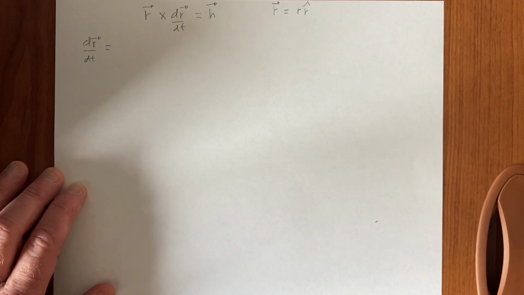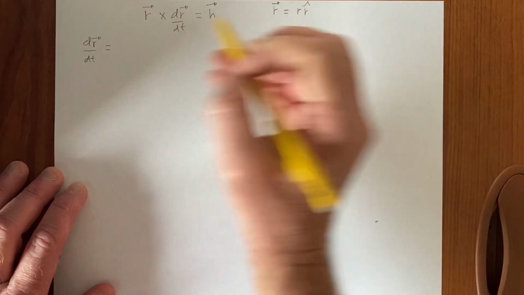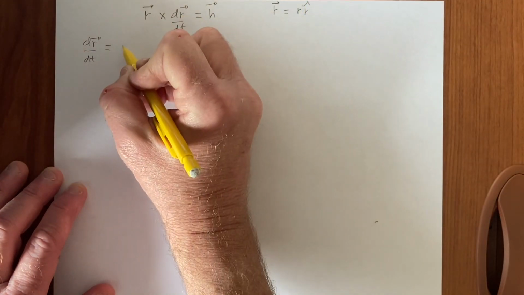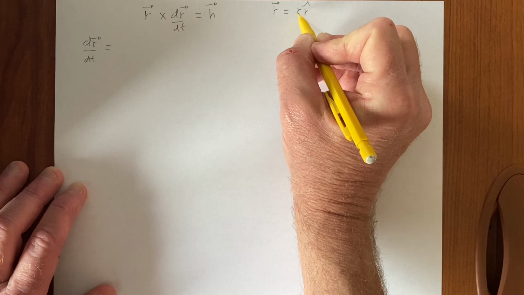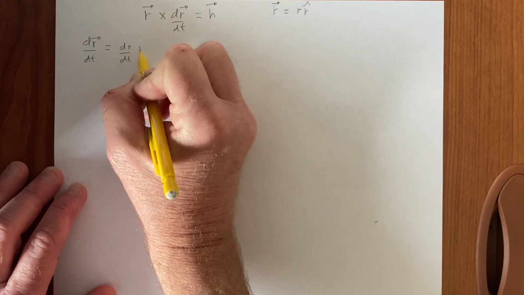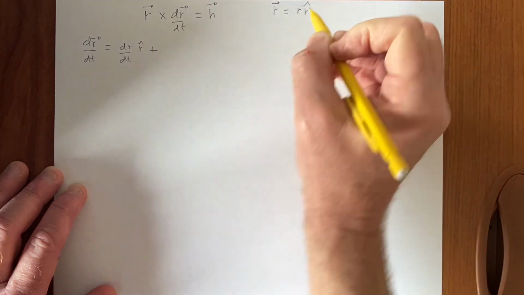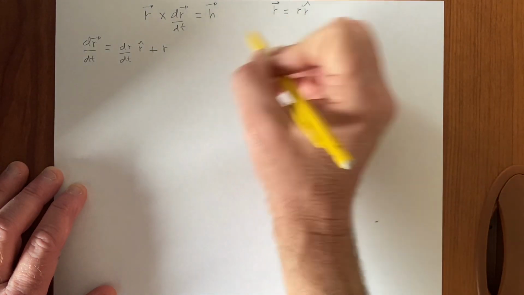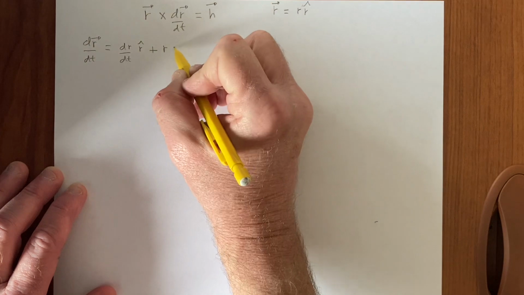So we'll take derivatives of this first, right? It's a chain rule, so we have dr by dt times the unit vector plus this times the derivative of that, right?